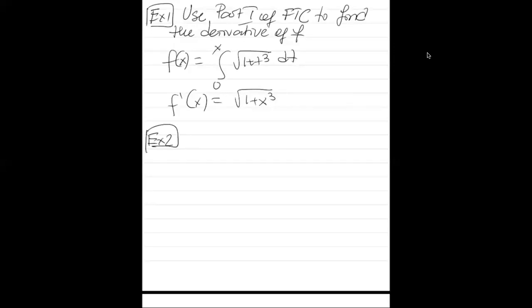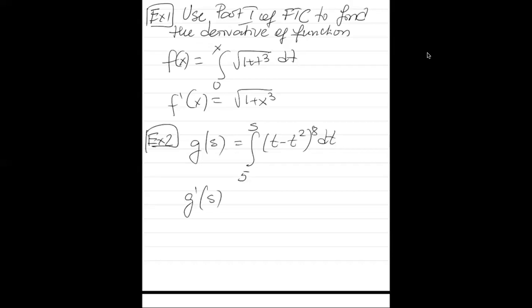Now, we have function g. Let's just say derivative of the function. So g of s is equal to the integral from 5 to s of t minus t squared to the 8th power dt. So g prime of s, by the fundamental theorem of calculus part 1, will be our integrand.